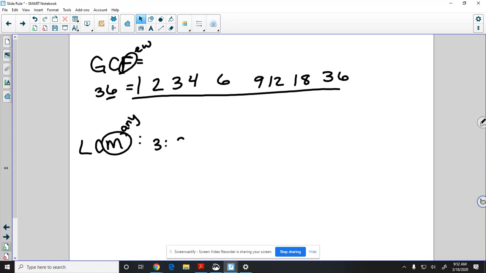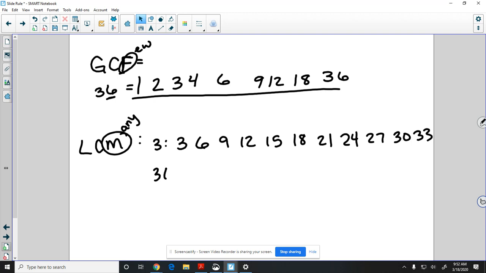I would have 3, 6, 9, 12, 15, 18, 21, 24, 27, 30, 33, 36, 39, and on and on. It never ends. But there's an easy way to find the GCF and the LCM.